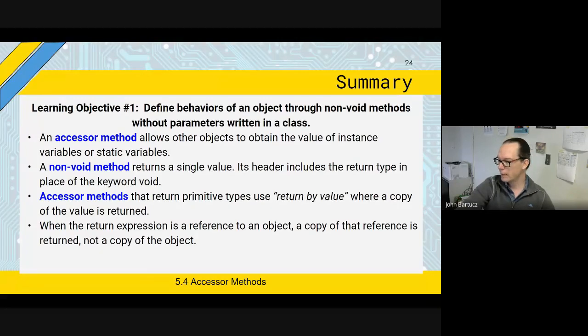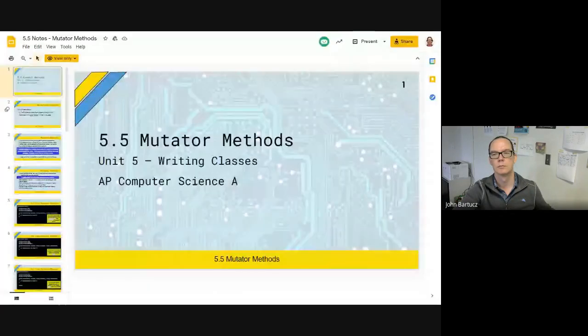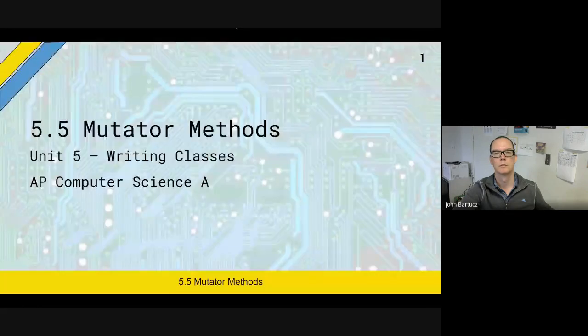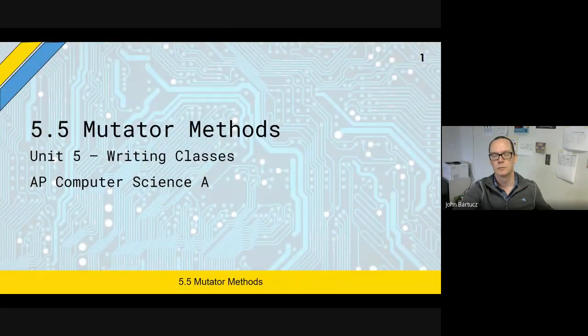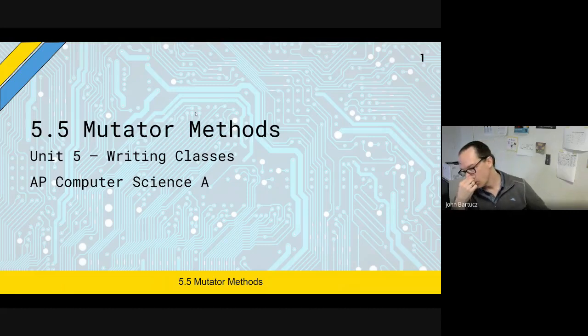So if we have getters to get our bank account value, what do you think we're going to need to set our bank account value? Look at you guys. It's almost like you're paying attention. So we're going to jump ahead to mutators.